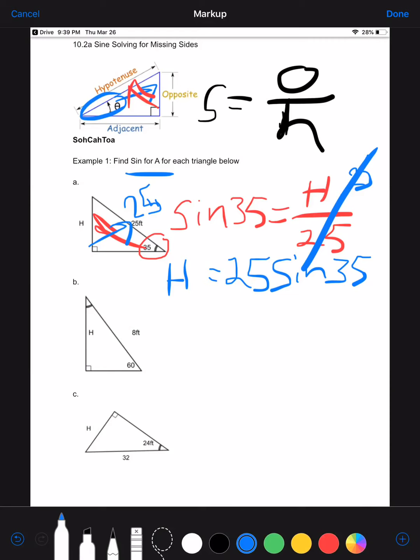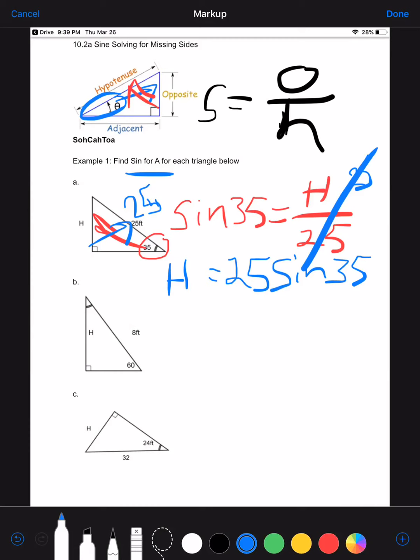And if you don't know how to check that, email me and I will help you figure it out. So once you make sure it's in the correct setting, you're just going to put 25, hit sine, and then 35, hit enter, and that will give you your answer. Okay? So, again, you just plug in exactly the way you have it written.